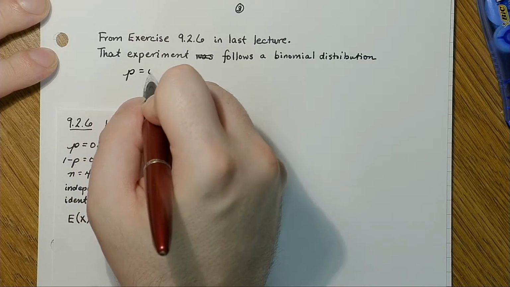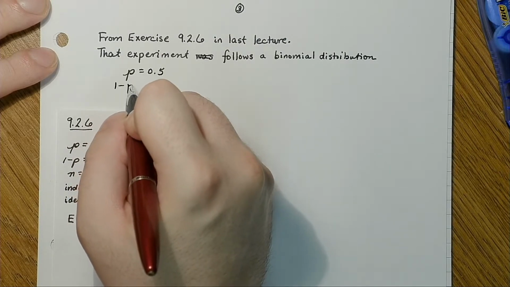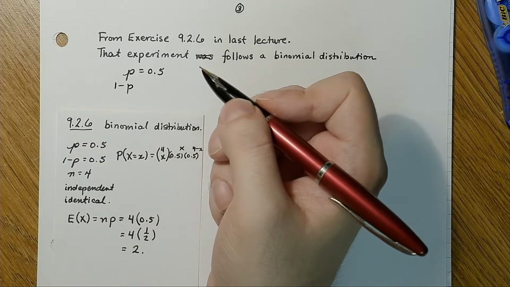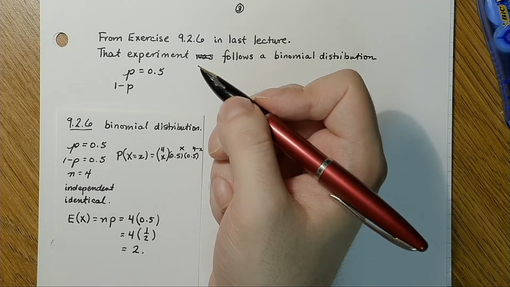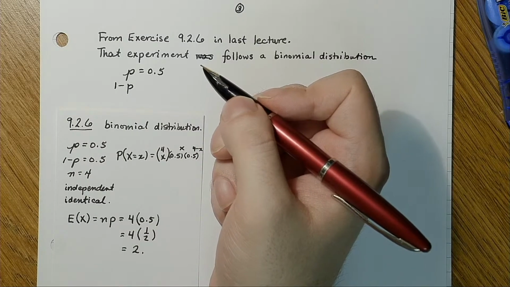We had p was 0.5. So when it's not independent and identical, you still need to do it the way you were taught in the last class.